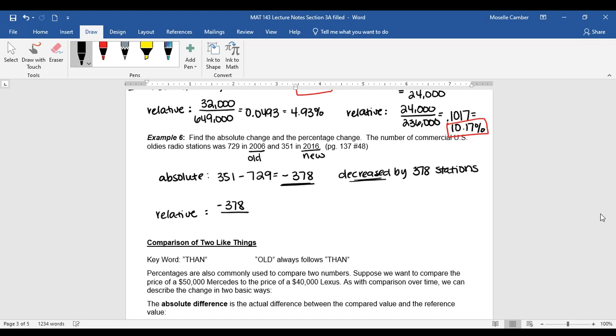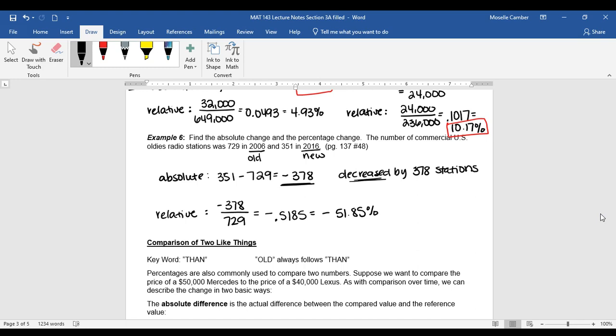And you're going to divide that by your old amount, which is 729. And we get a negative 0.5185, which is a negative 51.85%. So it decreased by 51.85%. So it decreased by a little bit more than half.